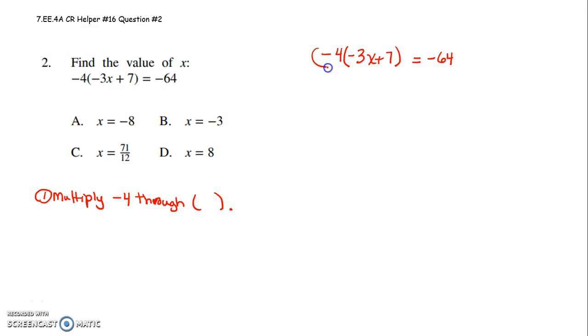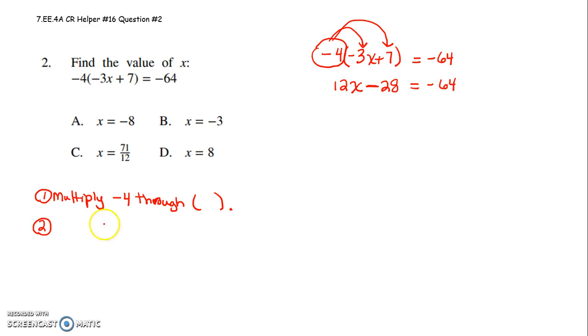I would take my -4 outside my set of parentheses, and multiply that through. -4 times -3, negative times a negative is a positive, so that would be positive 12x. Then here, -4 times positive 7, negative times a positive is a negative. 4 times 7 is 28. And that still is equal to -64.